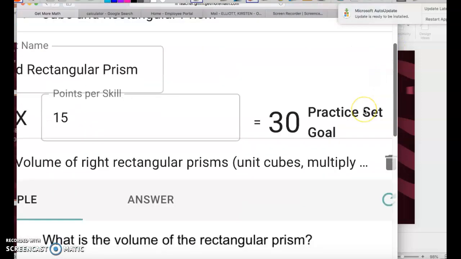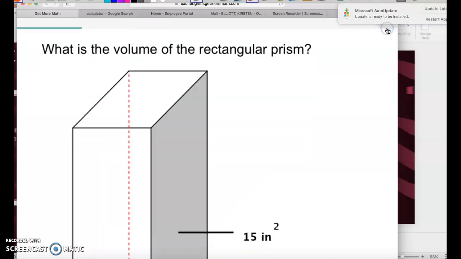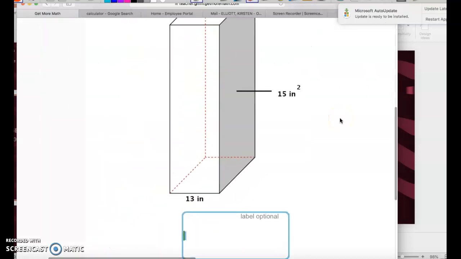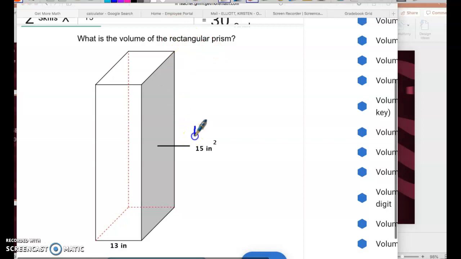Let's do another example. Notice here, this says 15 inches squared. That means they've already multiplied the length and the width, because it's telling us the whole gray space is already 15 inches squared.